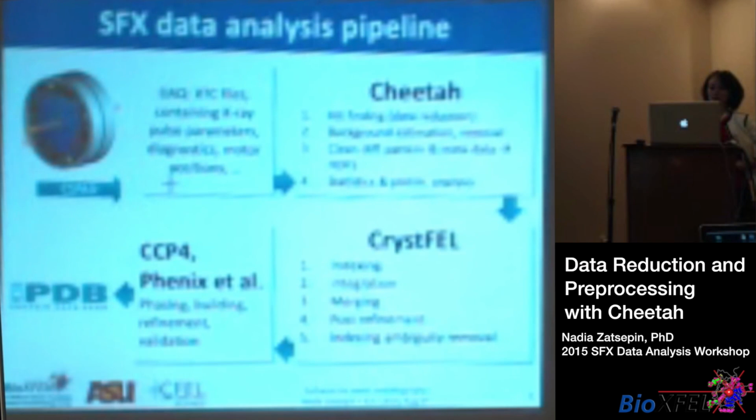The SFX data analysis pipeline at LCLS is comprised of three steps. The first is the data acquisition system, the DAQ. That is what the beamline operators use to control what's happening in the experimental hatch, and the DAQ is in charge of recording all your raw data.